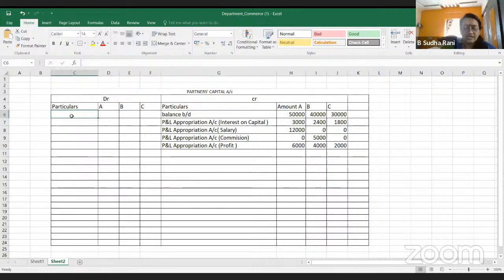Apart from that, the next one is interest on capital. That has to be taken. What is that amount?